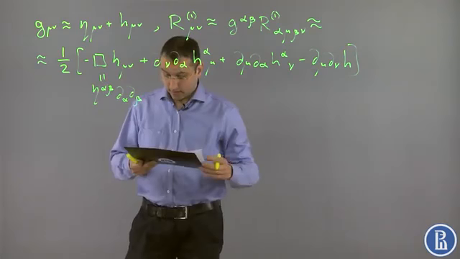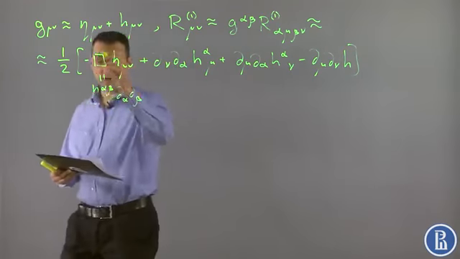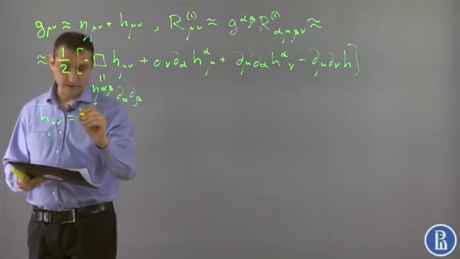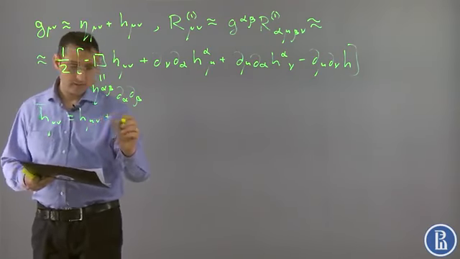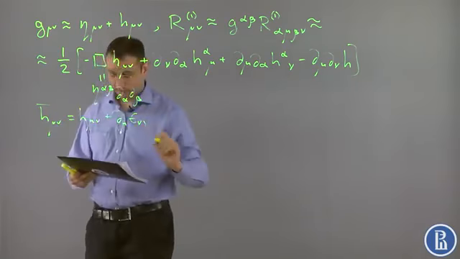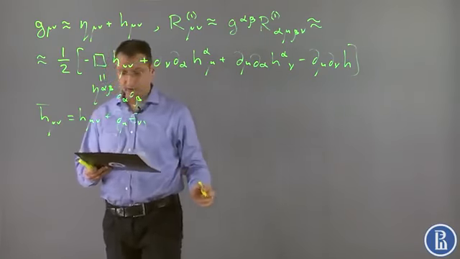Using the transformation that h_{μν} transforms like this, with ∂_μ ε_ν, one can fix the following gauge.